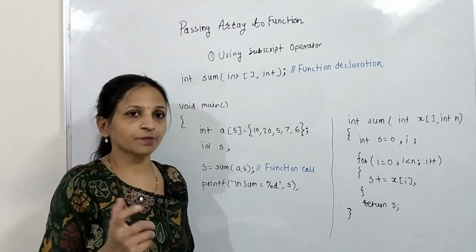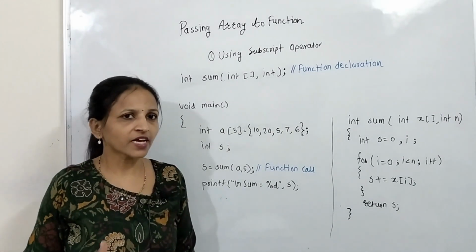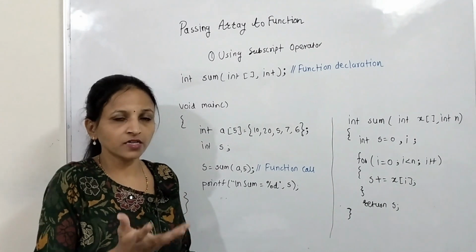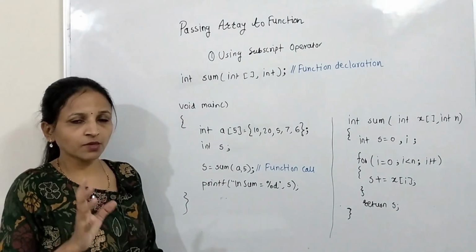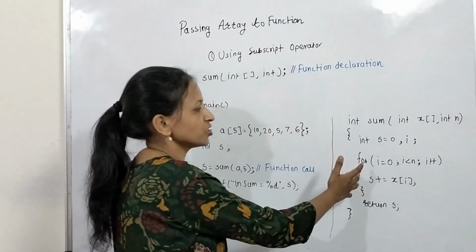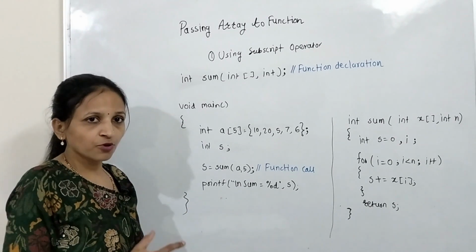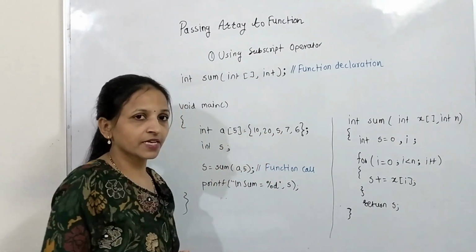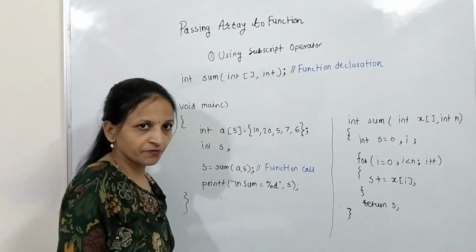We were just accepting numbers from the user, adding those numbers, and displaying the calculated sum. Here also I am doing the same program but with the help of a function, and here we are not accepting array elements from the user. Here I have initialized that array. We can accept array elements also and then call that sum function.